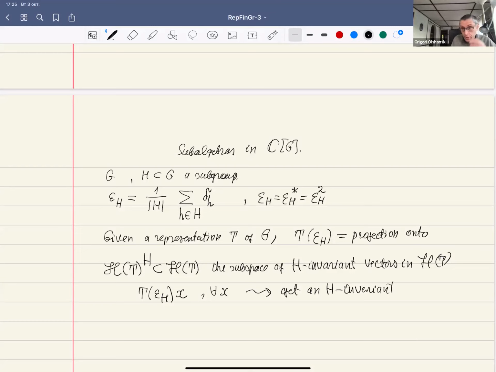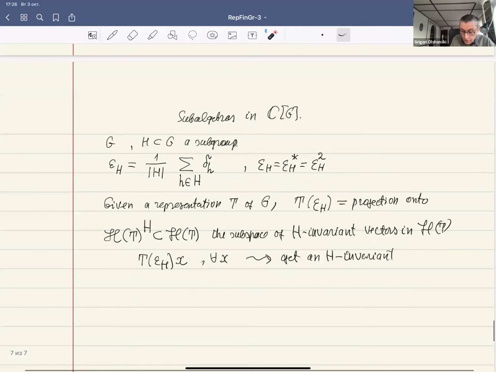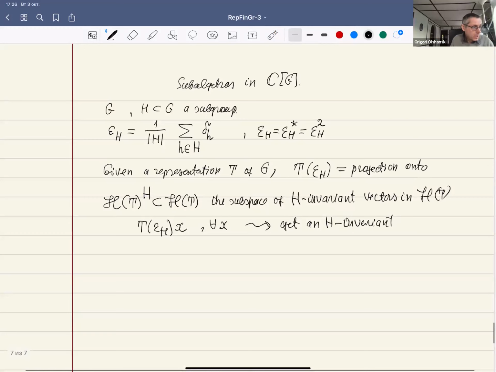If you have an H-invariant vector, then applying this operator to it gives the same result. So this is a projection, and an orthogonal projection. This is implied by the fact that the element is self-adjoint, so it is a corollary of this fact. This is easy to see.